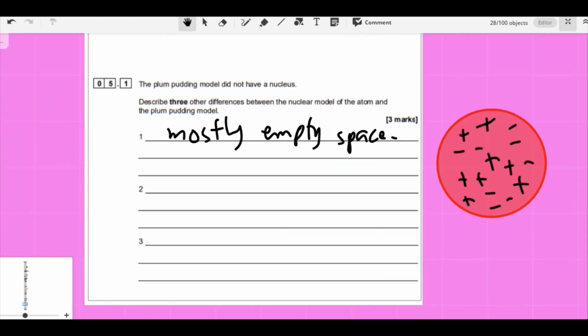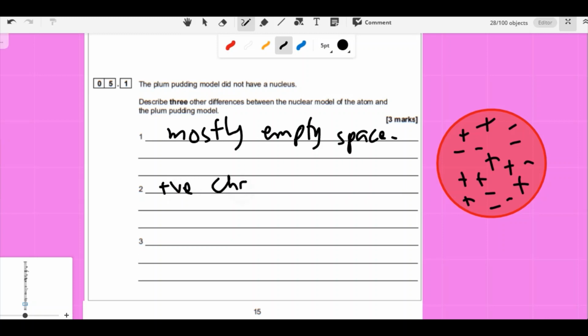Now the next one: the positive charges are not enclosed in a nucleus, they are spread throughout the atom. So you can say positive charge in all directions.